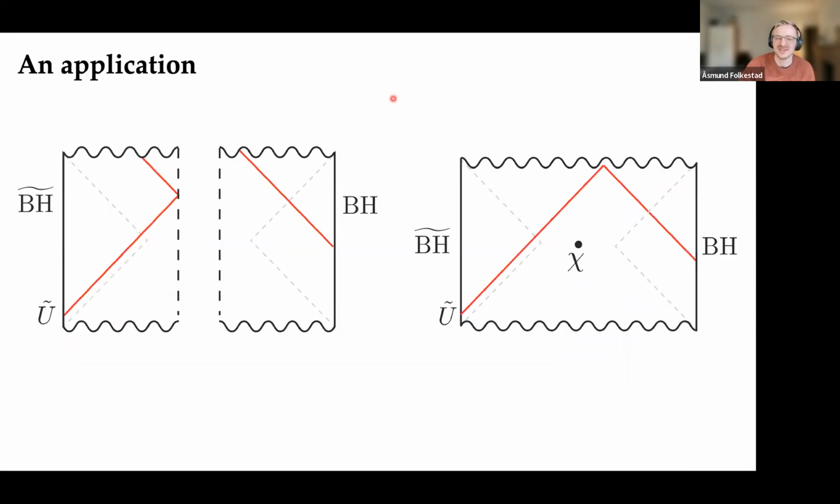An interesting application of this is, let's say we act with some unitary on the BH tilde subsystem, the system that's unitarily related to the radiation, that sends some signal into the bulk.